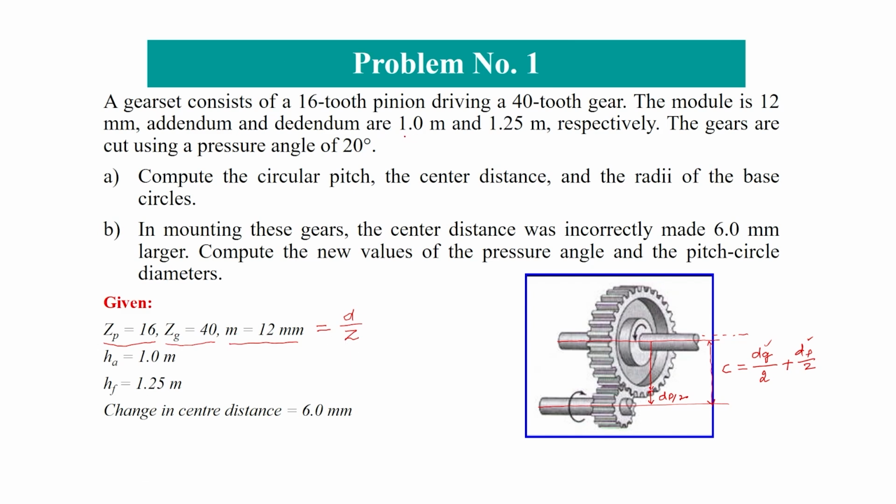The addendum is standard 1 module. So, HA is the addendum, which is 1 module, and dedendum is 1.25 times module. So, it is given HF is equal to 1.25 m, and the change in center distance is given as 6 mm. Now, let us solve this problem.